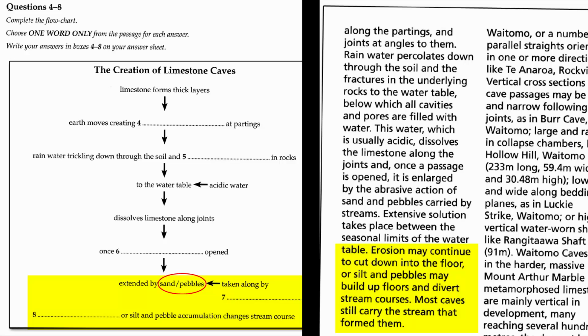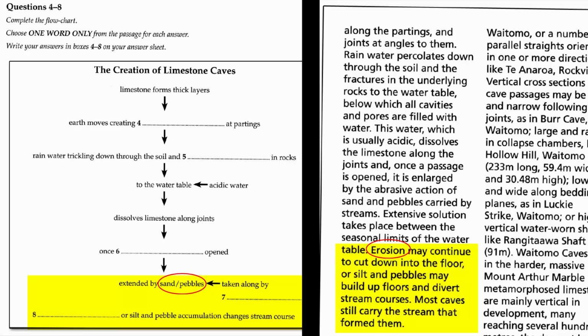So, for question number 8, they have used the words dash or silt and pebbles accumulate. For accumulate, let me tell you what word they have used. Erosion may continue to cut down into the floor, or silt and pebbles may build up. Now, build up means accumulate actually. So, one word is erosion, one word is silt, one word is pebble. What is missing? Erosion is missing. That will be the answer.